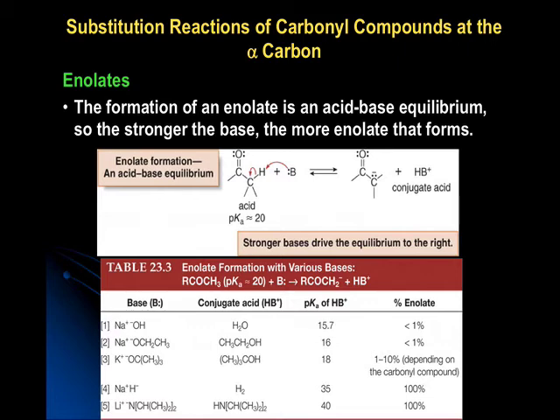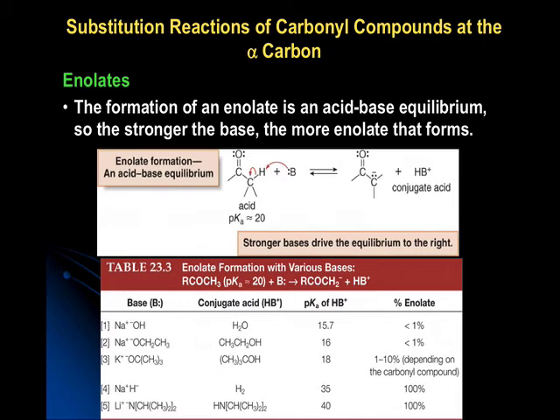Now this is a great trick. Because what would happen, Jack, if we tried to use butyllithium to deprotonate that carbonyl? It would act as a nucleophile. But when I react butyllithium first with this, I generate a base that is going to be strong enough to do the chemistry that I want, but it's not going to be a nucleophile. Okay, so I can trick Mother Nature a little bit here.